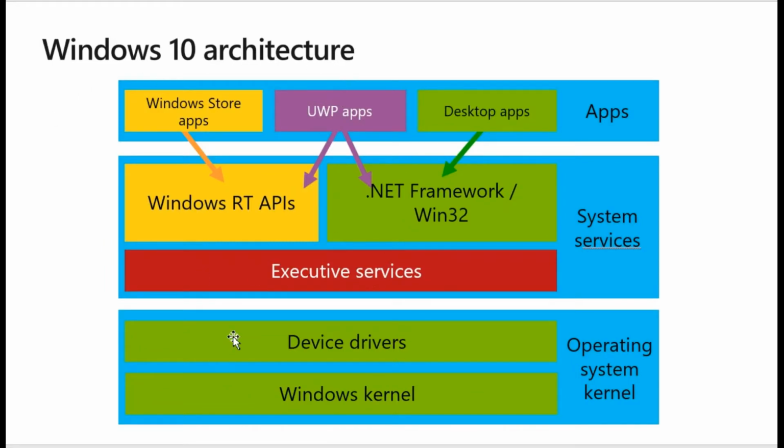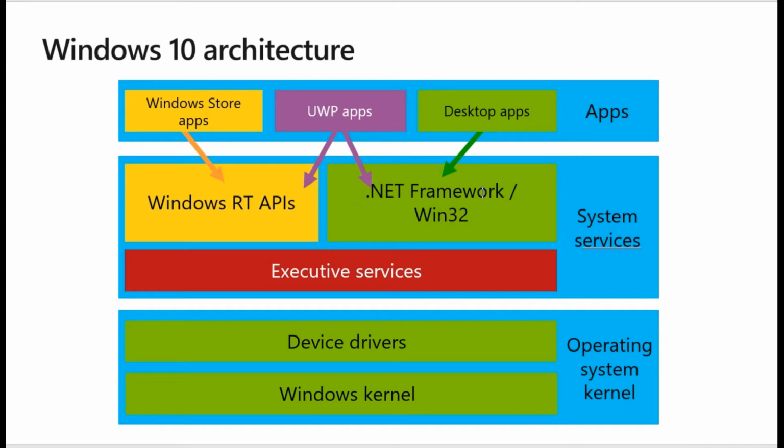Windows 10 architectures: we have the operating system kernel, system services and applications. In the operating system, we have the Windows kernel. Kernel means all the operating system code and files, and on top of that we have the device drivers. On top of that we have executive services, Windows RT APIs and the .NET framework.